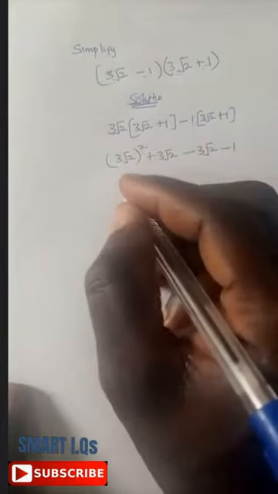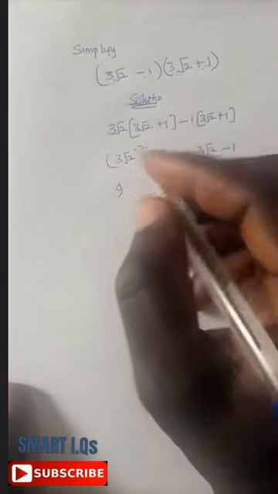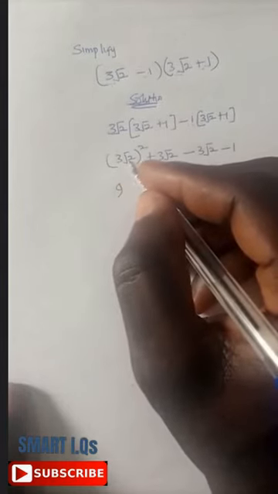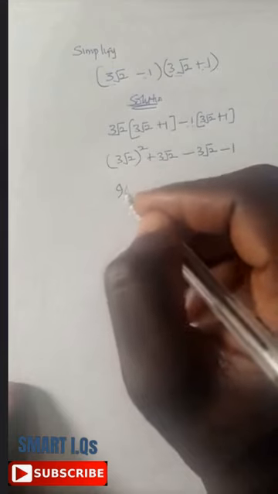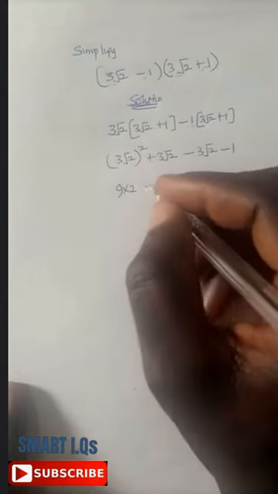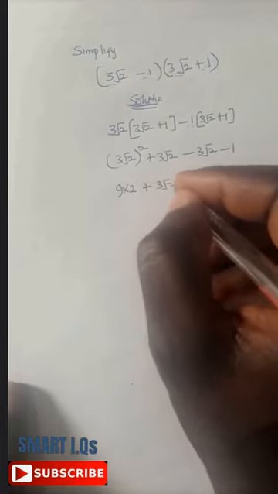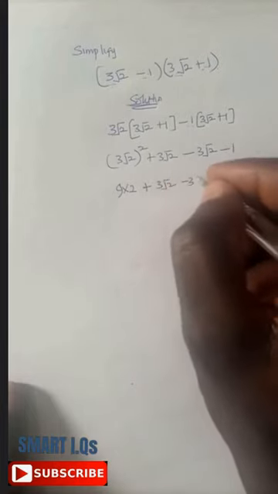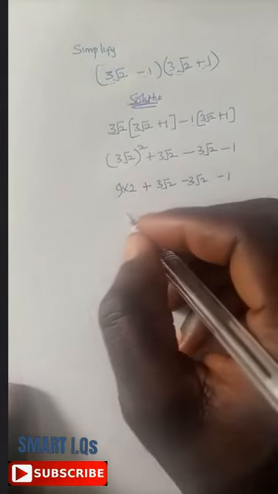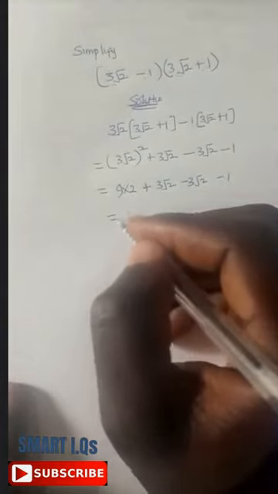So 3 squared is 9, and the square root of 2 squared is 2. Plus 3 root 2 minus 3 root 2, minus 1. So we have 9 times 2, that is 18. Remember, let's be sure it's mathematics we are doing.